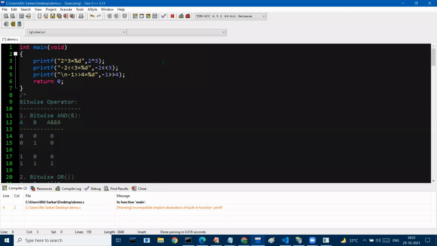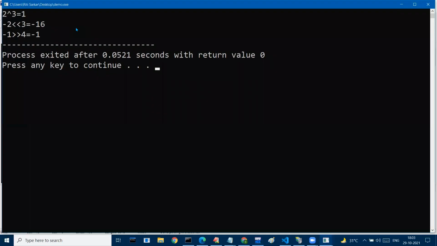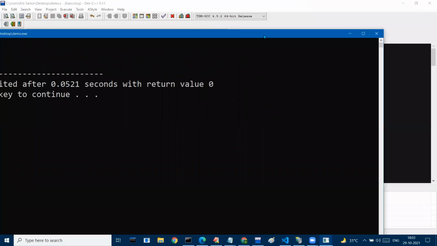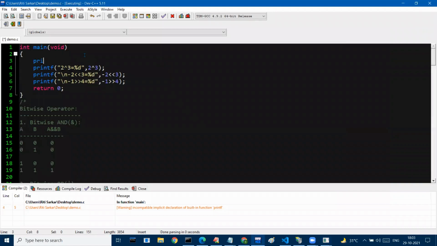Let's see. Execute, compile and run. Yes, 1 is the expected answer. So once we have done this, why not the remaining two? Simple. Printf, same.